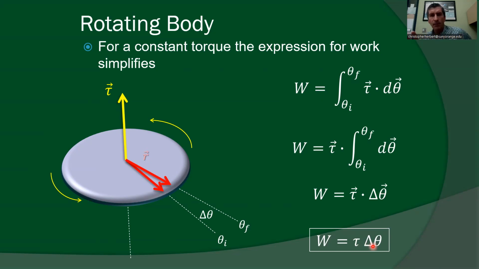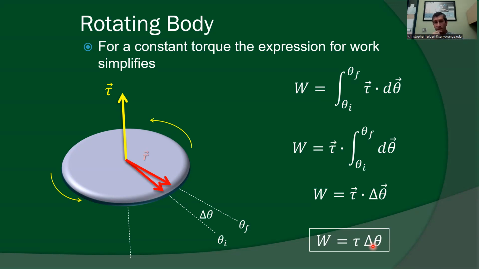All right. It makes sense too, because the more torque I put on the disk, the more energy it's going to gain, the more work that I'm going to do on it. And the longer I have the torque on, causing the disk to rotate a greater and greater angular distance, again, the more energy it's going to gain from that work being done.